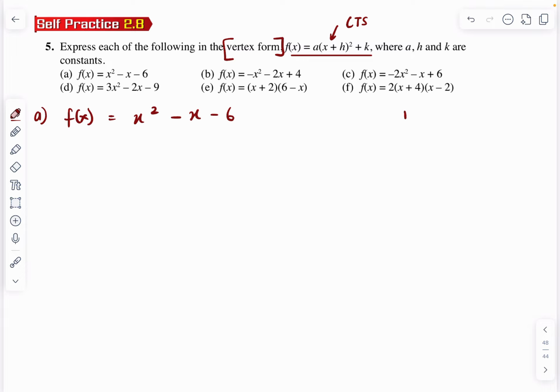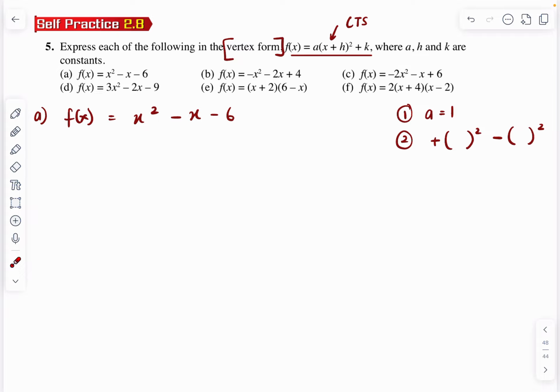So to complete the square, there are a few rules. First, our A must be 1. So in this case, A is 1, so we can move on to the next rule. The next rule is you have to plus bracket square and minus bracket square. Okay, where to put this?